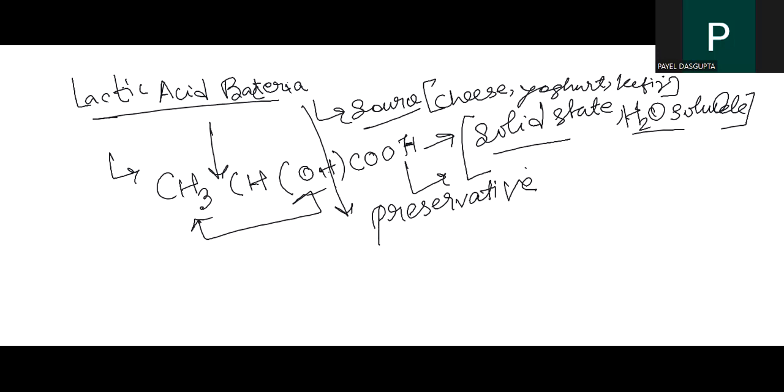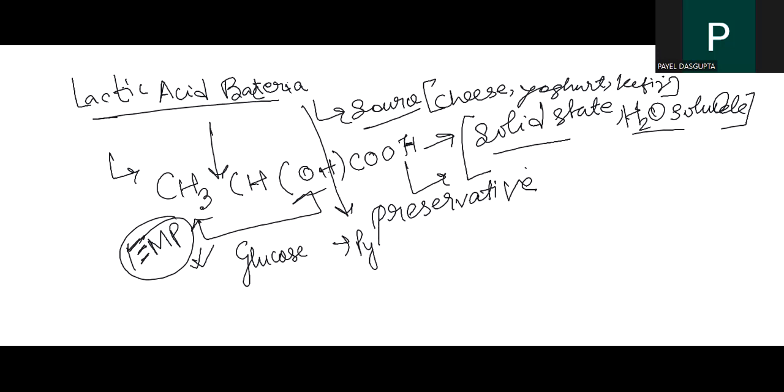Then the next thing is the Embden-Meyerhof-Parnas pathway that you are aware of, the EMP pathway, which you might have studied in class 12 in biochemistry or biology, where glucose is converted into pyruvic acid.